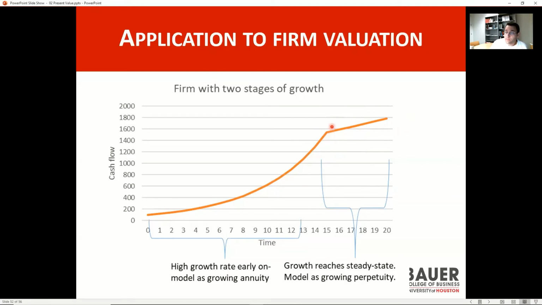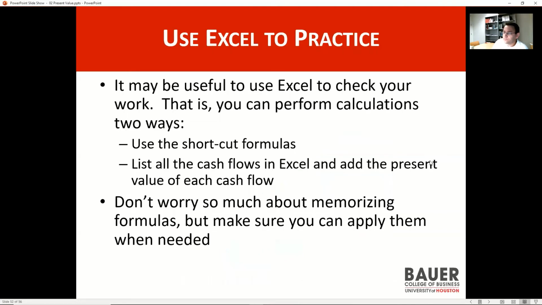What I would want to do is make sure that when I value the growing perpetuity, the formula is going to put the value of the growing perpetuity here. I would need to discount that all the way back to time zero, just like we moved the retirement annuity from time 15 to the present. So this is an example where you'd see a growing annuity in firm valuation.